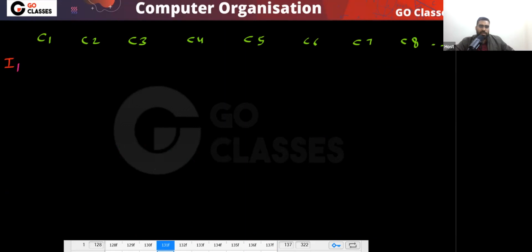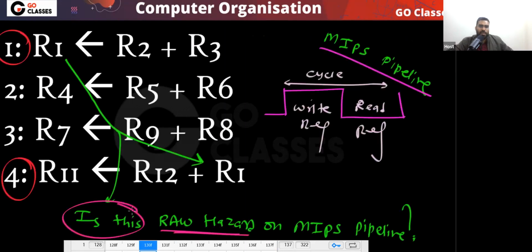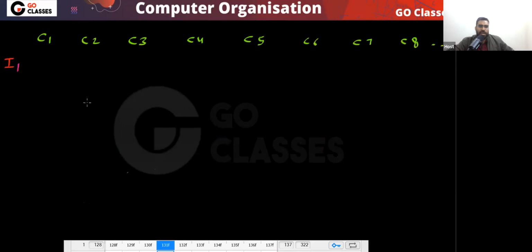In cycle C1, let's directly start from where it was in the execution stage. Like there were some other cycles, but let's directly start here. Or maybe, okay, let's do it completely: instruction fetch, instruction decode, and here you are in the execution stage. Now, where is I2?